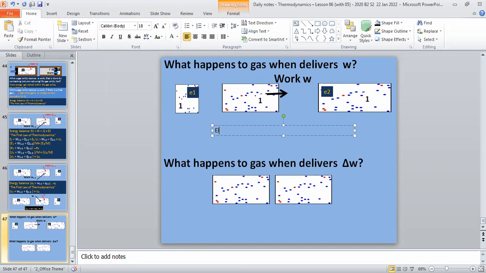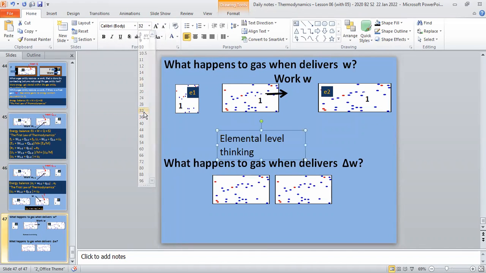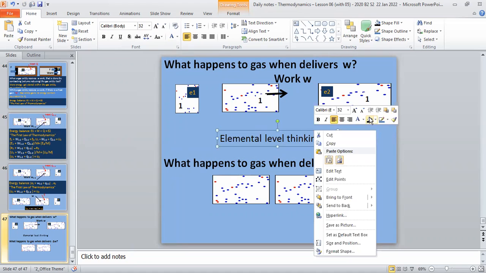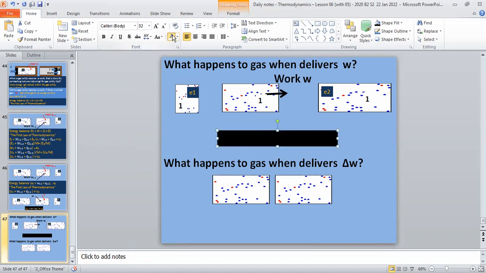Elemental level. Like elements. Maybe delta W may be 1% of W, for example. Or maybe 0.1% of W. A tiny fraction when it receives.